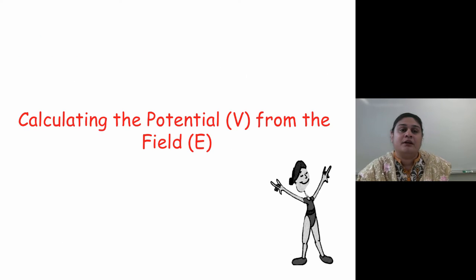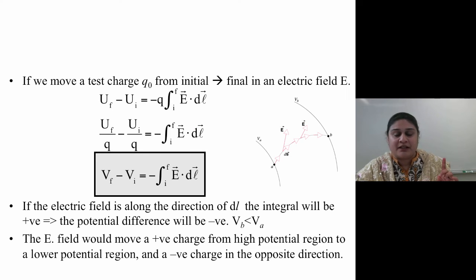Now, how do you get potential from field? We talked about this a little bit ago, and here's a definition. If we move a test charge Q0 from some initial point to some final point in an electric field, then the change in potential energy equals minus Q E dot dl.